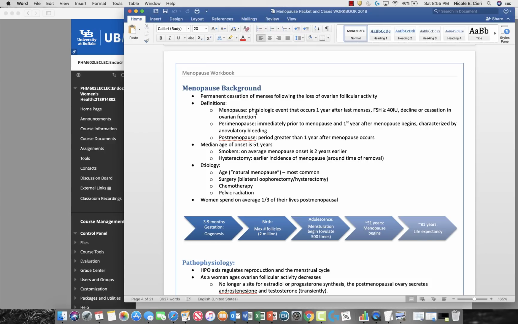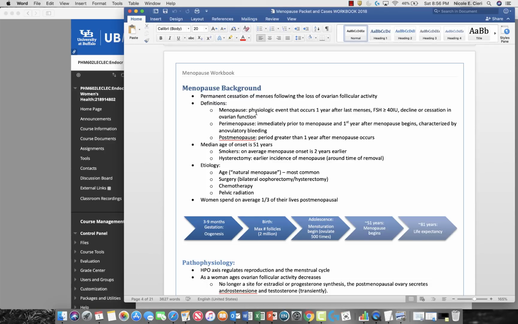There's also perimenopause, which is the immediate time period prior to menopause and the first year after it begins. So it's a 2-year time period that's defined as perimenopause. And then women are considered postmenopausal when they're up to 1 year after menopause begins. So after that perimenopausal period, they'll be considered postmenopausal.